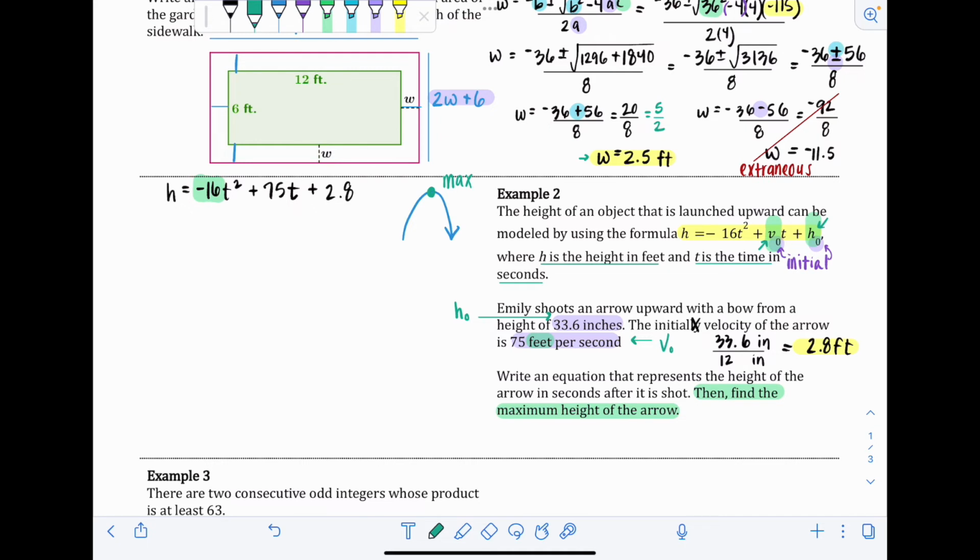One way, and we've talked about this in the past, is to use completing the square to put this equation, which is in standard form, into vertex form. Remember, vertex form is y equals a times x minus h squared plus k. I'm just going to write it in x and y, I feel like that's easier.